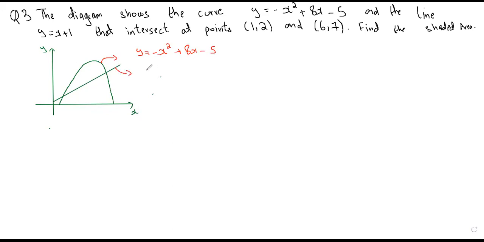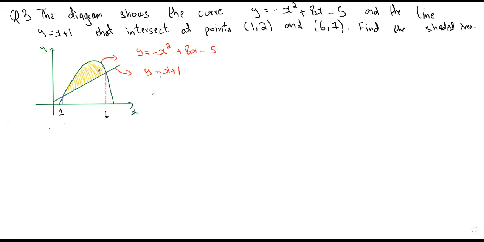The equation of this line is y equals x plus 1. This is 1 and then this is 6. And this is the shaded region.